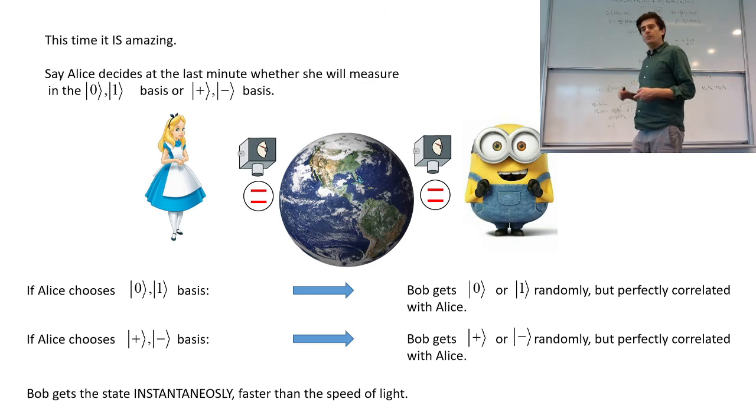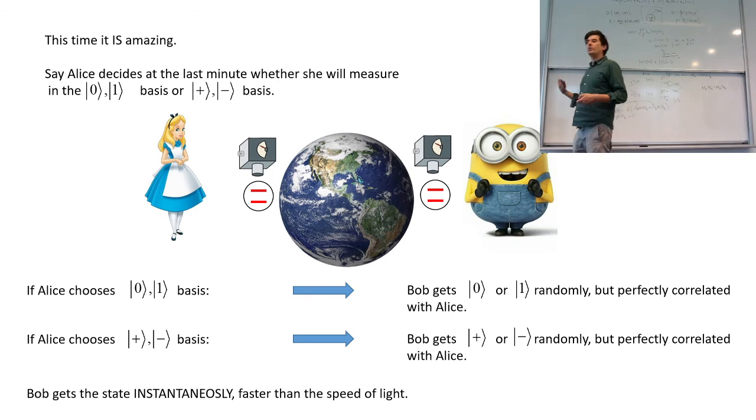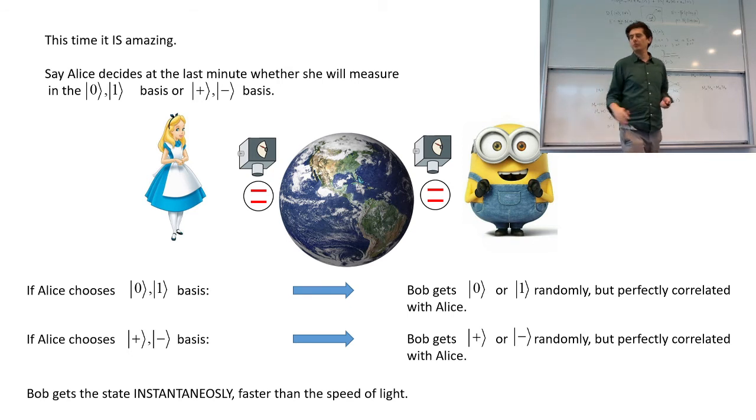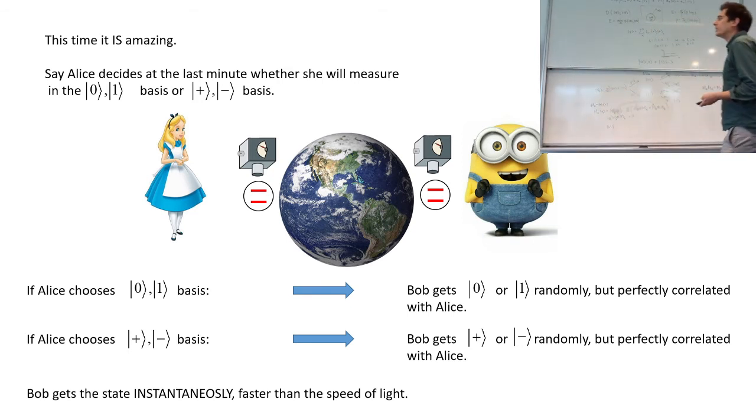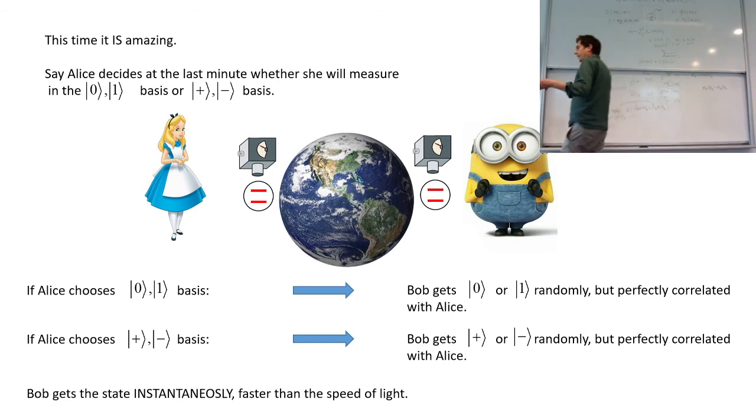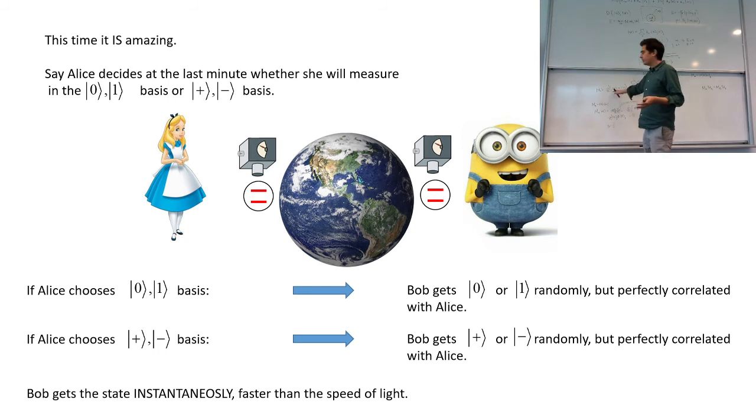This is what's really weird about quantum mechanics. Not so much that you can have correlations. You always have correlations. That's normal stuff. It's the fact that these states are correlated in any basis, and that's a special property of entangled states.